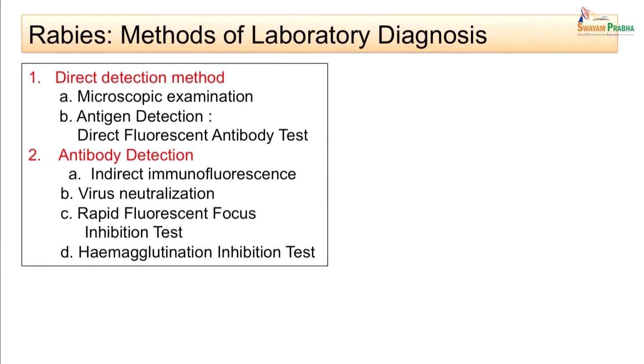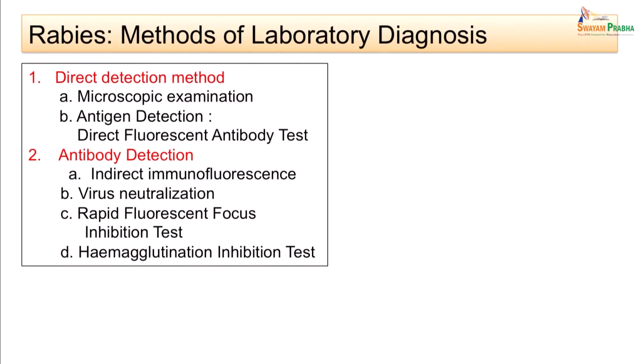Usually the antibodies appear after 7 days of the onset of the symptoms. Now, the presence of antibodies in the serum could also be because of vaccination. So, there has to be a high titer of antibodies, or they have to be demonstrated in the CSF. When antibodies are demonstrated in the CSF, that is a 100% indication of the presence of rabies.